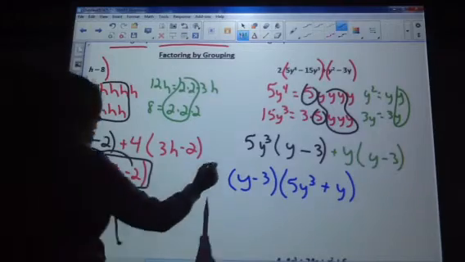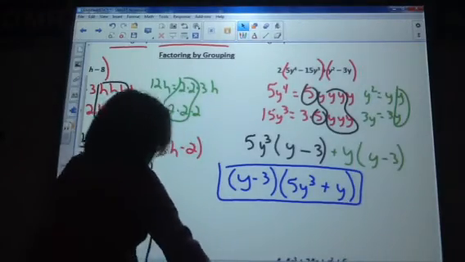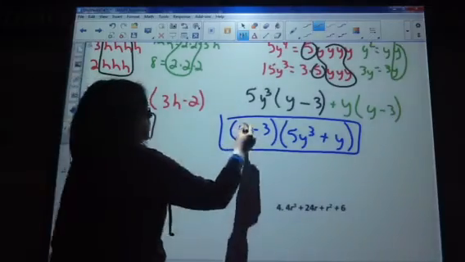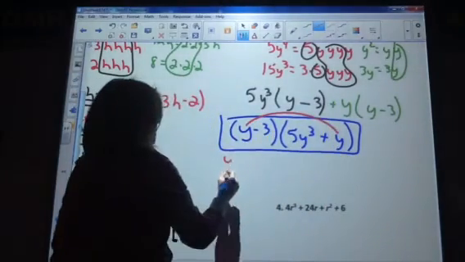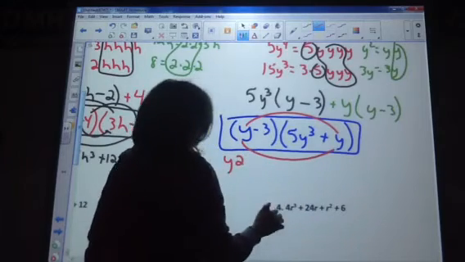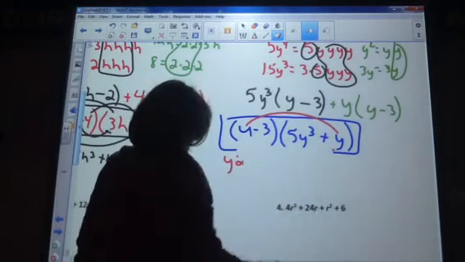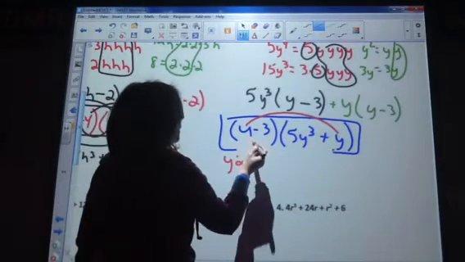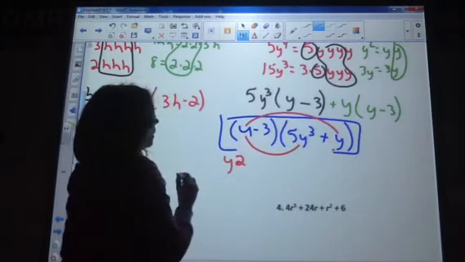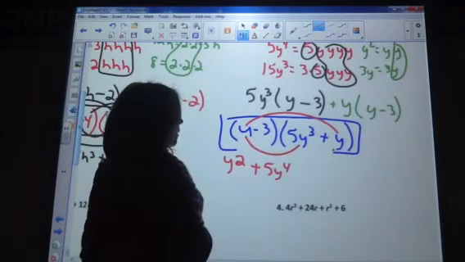Let's check. This is the answer. So what we need to do is FOIL. We have y times y. Then we have y times 5y cubed, which is 5y to the 4th.